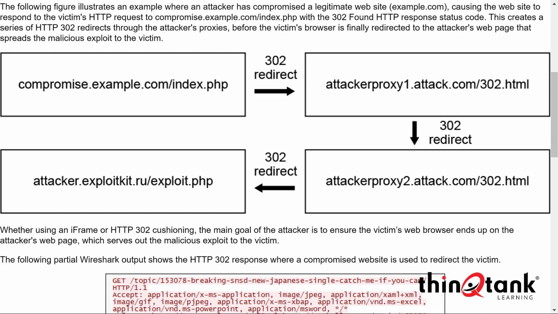We can use that legitimate 302 Found response to create a series of web redirections before the victim's browser gets finally redirected to the page that actually delivers the exploit to the victim's computer. These intermediate sites are called gates.